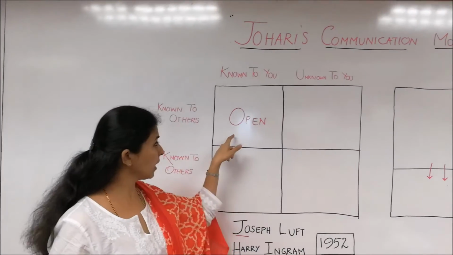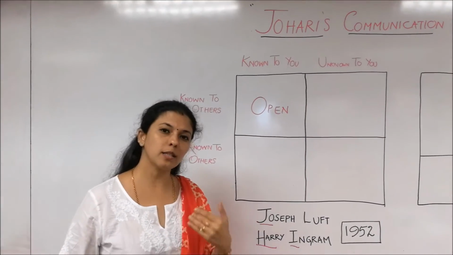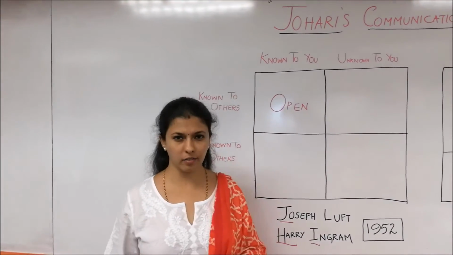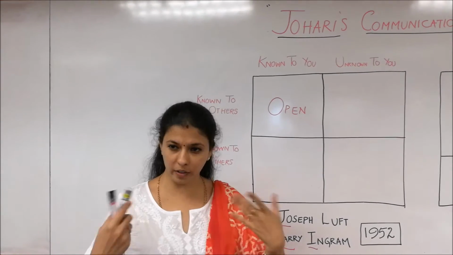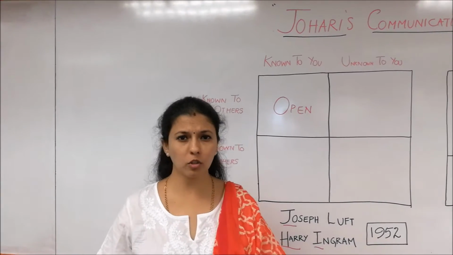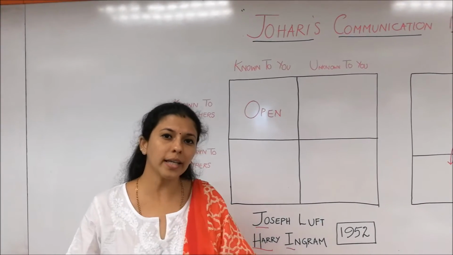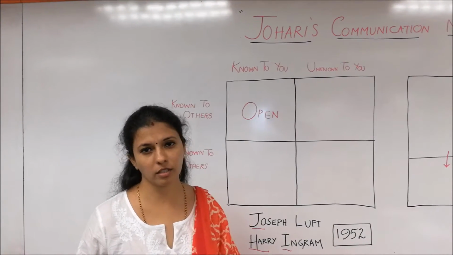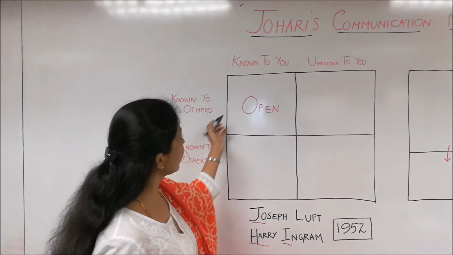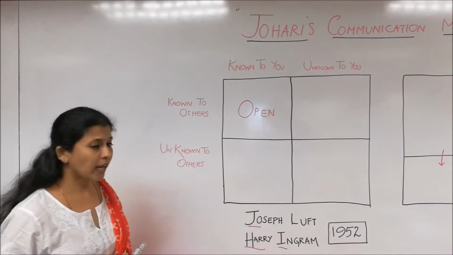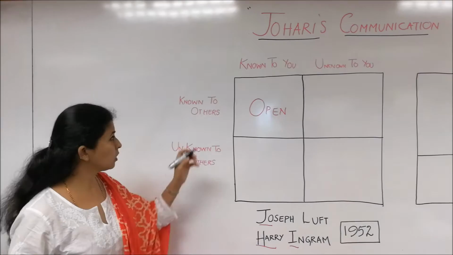So this open area of the window reflects the personality traits or those characteristics which you openly accept or reflect, which your friends or your students or your colleagues all are aware about, and you openly showcase these characteristics to them. Now next is what is unknown to you but known to others.